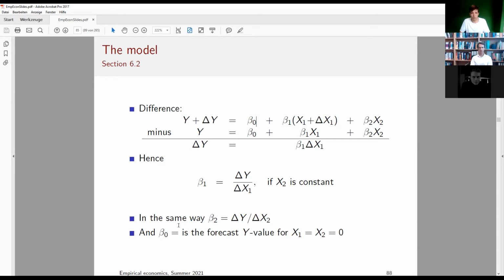That makes total sense. If we have no non-native speakers in our class, that value can be put into context. But technically, if we set all the variables equal to 0, then beta 0 gives us the forecast of how large our test score would be if I set all my regressors to 0.